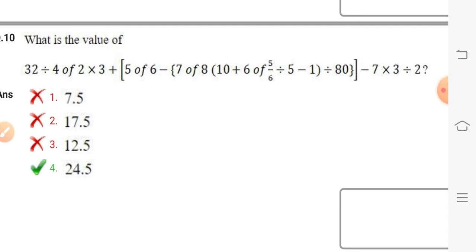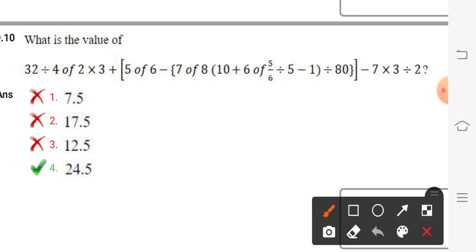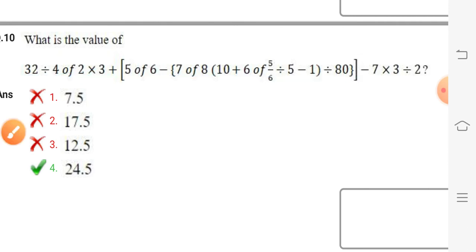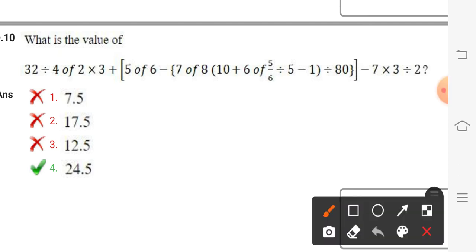So the 10th question is, what is the value of this total expression? First, we follow the VBODMAS rule for solving this type of question.